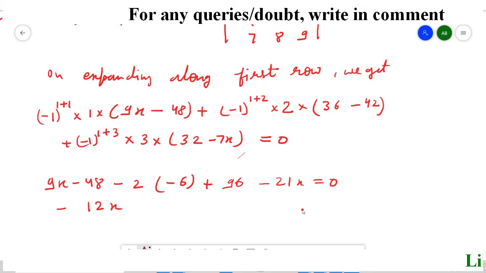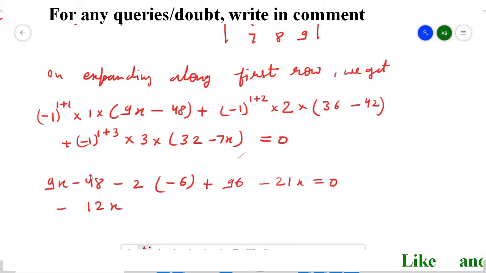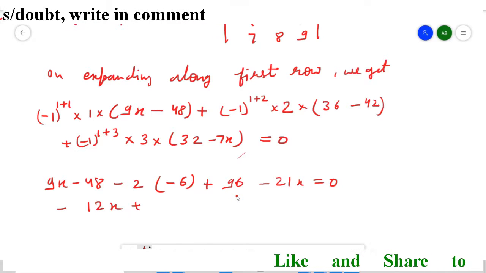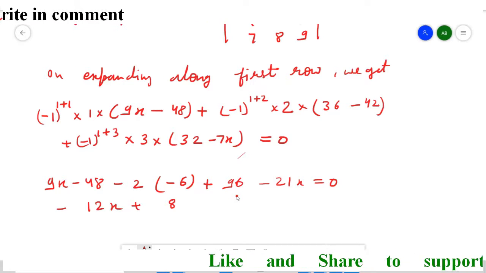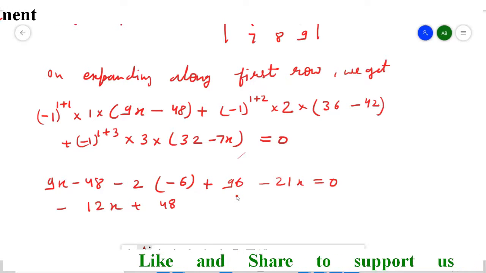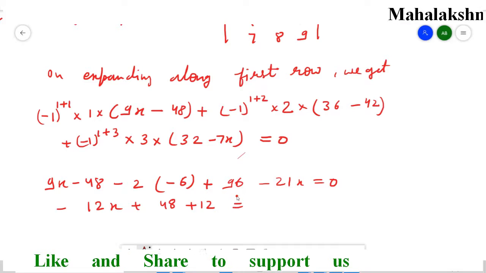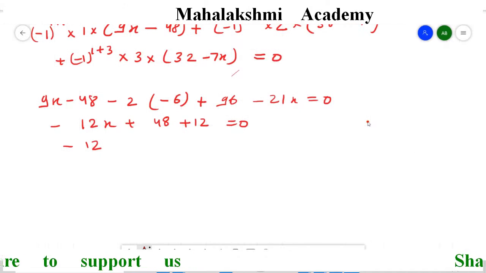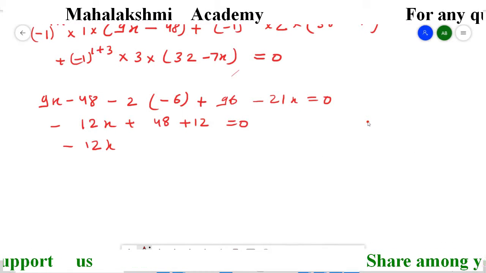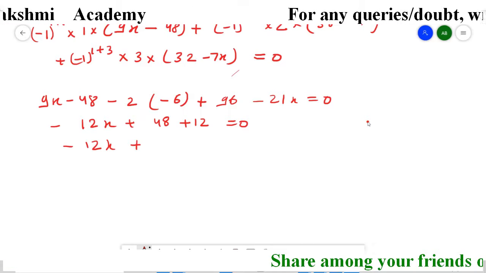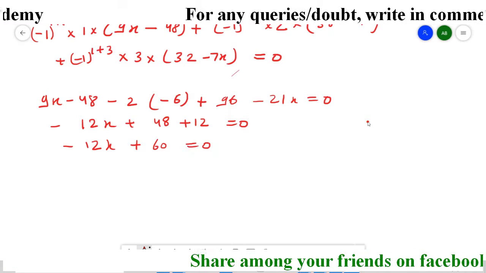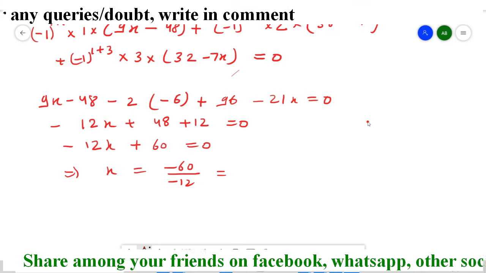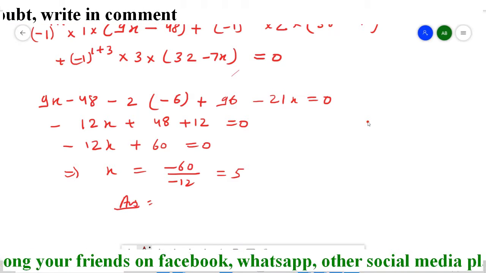Then this 48 and 6 together give plus, and 48 and minus minus plus 12 equal to 0. So minus 12x plus 60 is equal to 0, which implies x is equal to minus 60 upon minus 12, that is 5. So your answer is only 5.